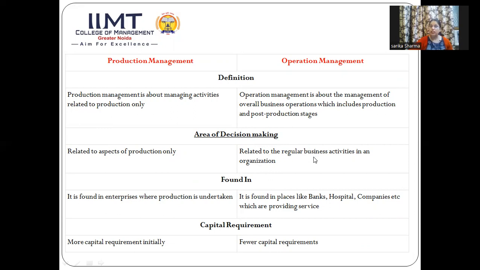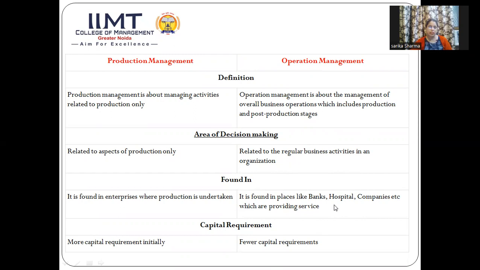Operation management is related to regular business activities. Production management is found in enterprises where production is undertaken. Operation management is found in places like banks, hospitals, companies, and colleges also. Operation management is all around, such as banks, hospitals, companies, as well as our IIMT colleges.